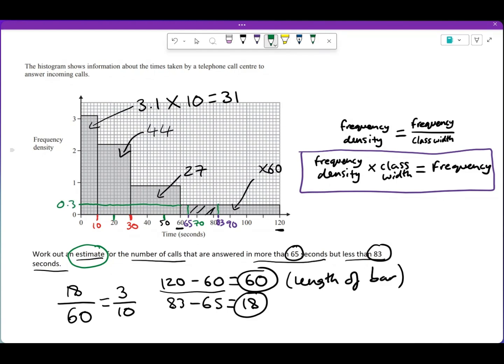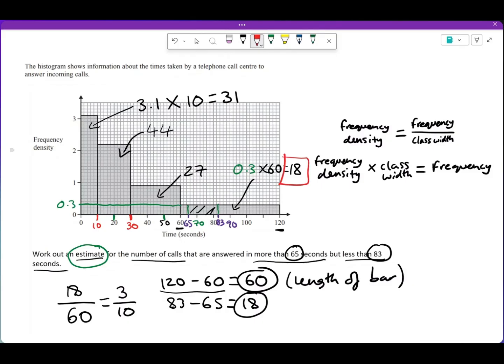So I need to do 0.3 multiplied by 60, and that gives me an answer of 18. So that 18 is the frequency of the entire bar, but remember, we only want 3/10 of that. So we now need to do 3/10 multiplied by 18, and that's going to give me a final answer for my estimation. If I pop that into my calculator, I would get 5.4 calls.